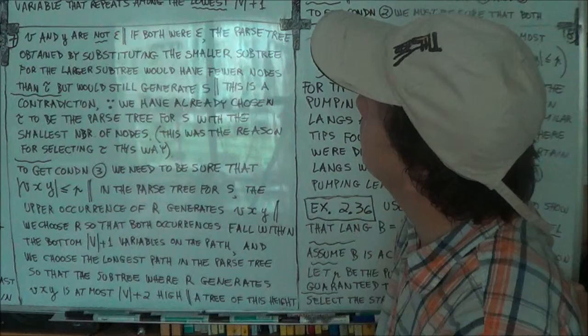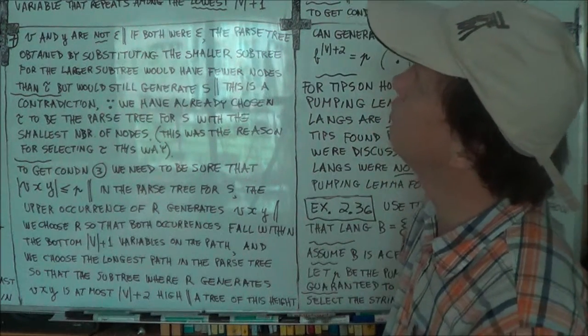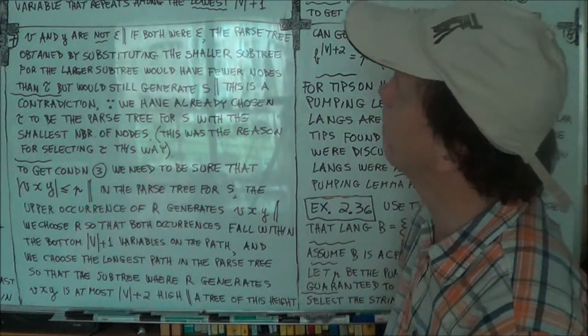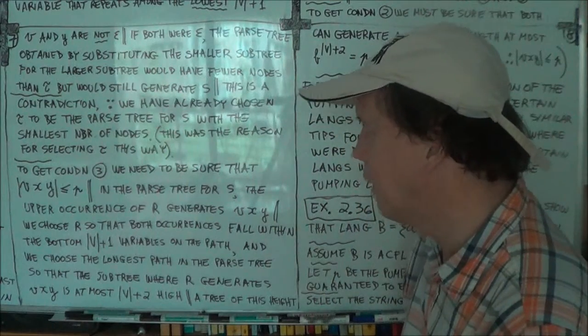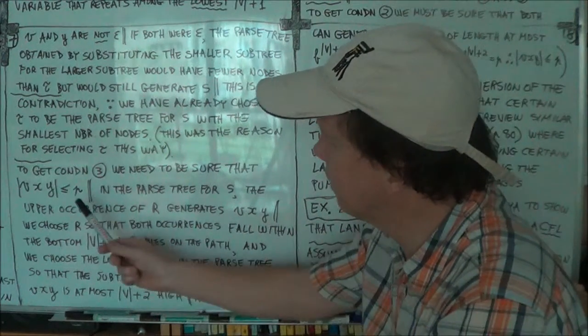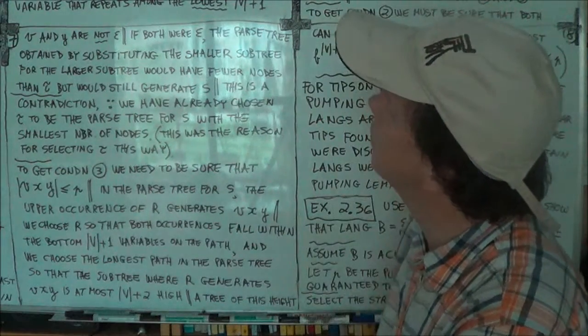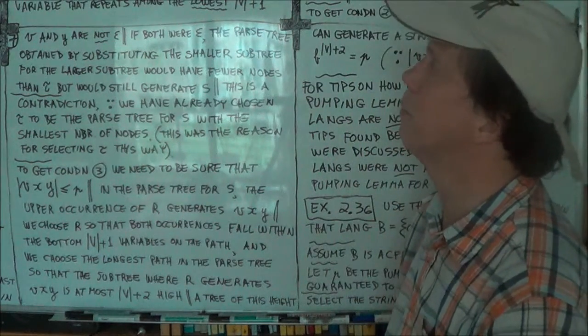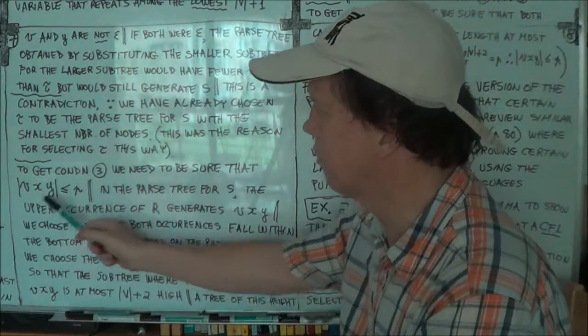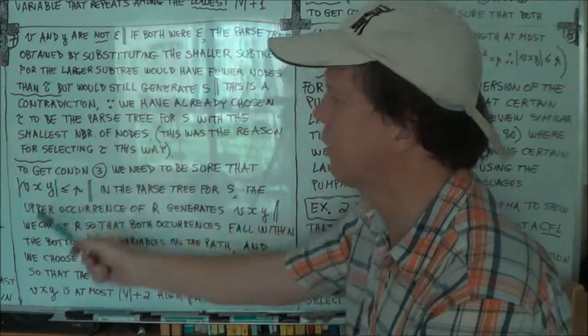We defined it to be little b raised to the power mod V plus 1. Okay? And we have to show, on the basis of that P, that this holds, effectively.